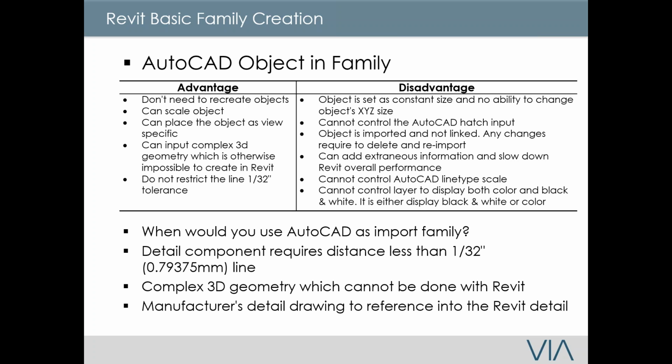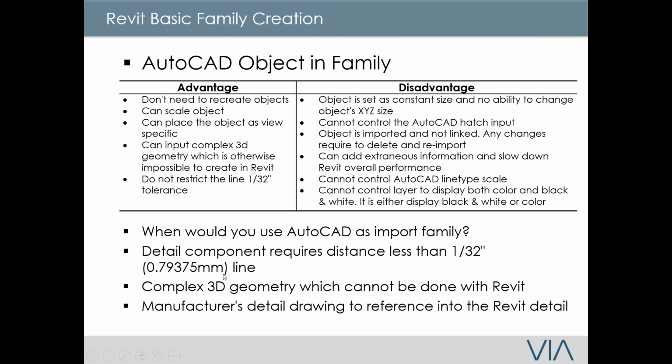And it does not respect the limits of a Revit family, which has this 1/32 minimum. Sometimes when you import or insert into a detail component, let's say a mullion trim, you're going to have objects that are less than 1/32 of an inch or 0.8 millimeters.